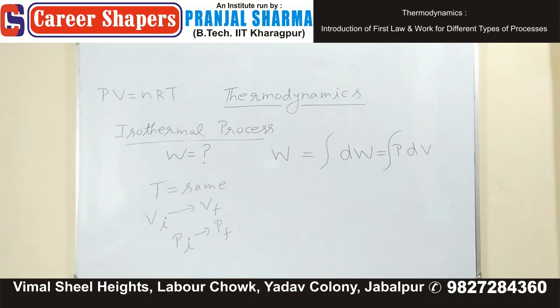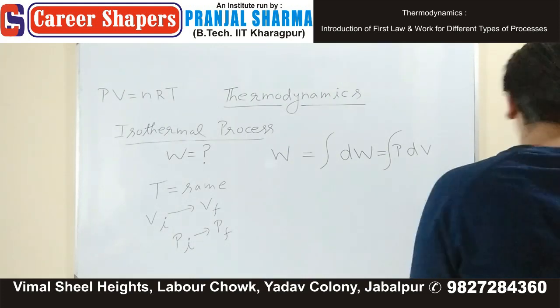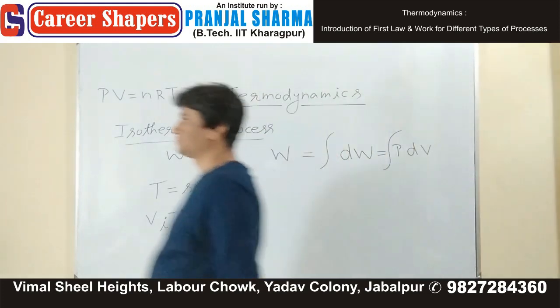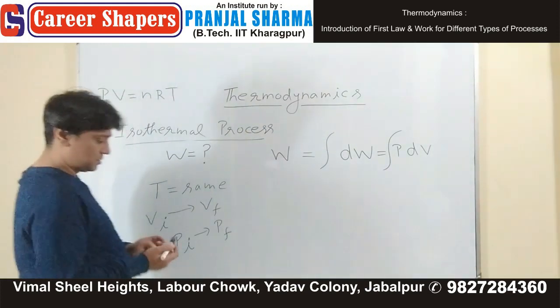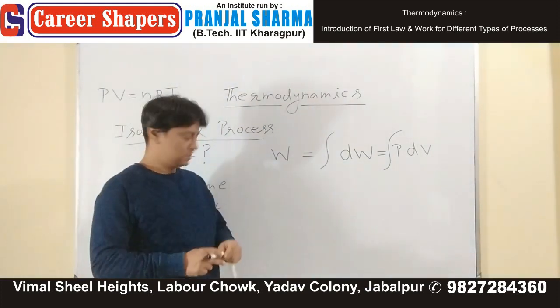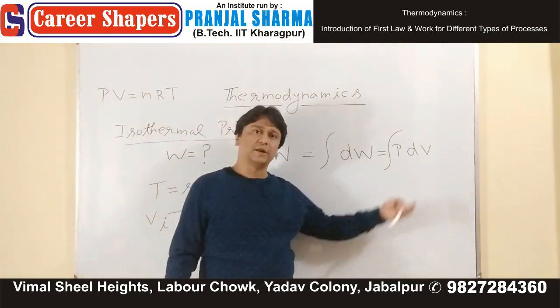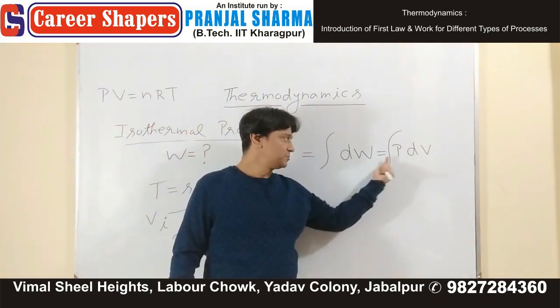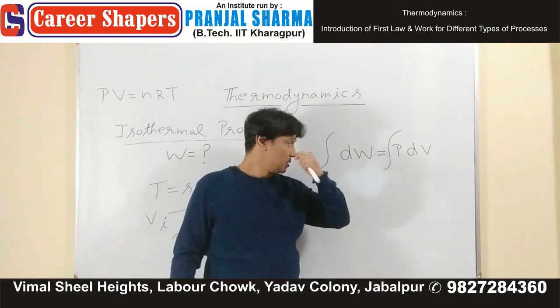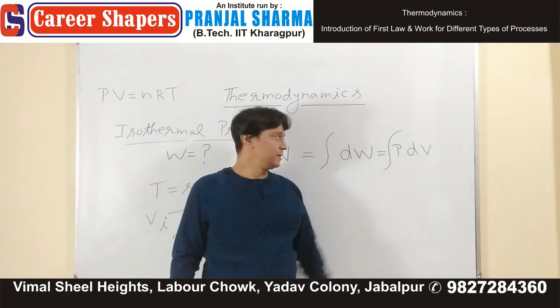Well, one of you has tried to answer this thing and is close. Now look at the proper procedure. When it was an isobaric process, you could easily take this P part out because P was constant.